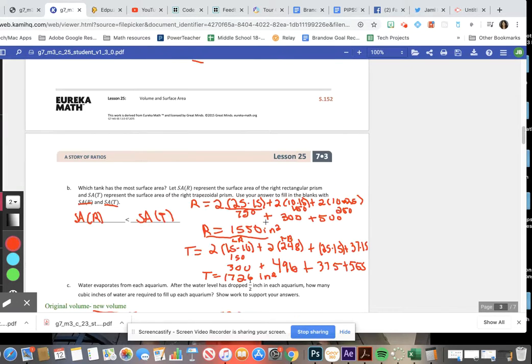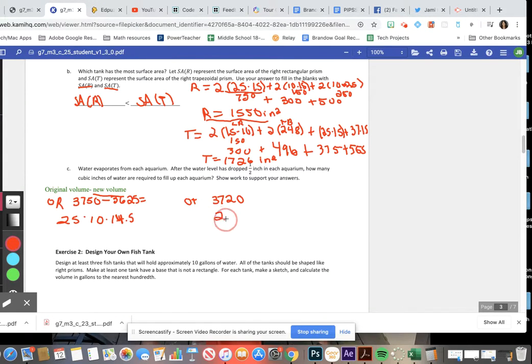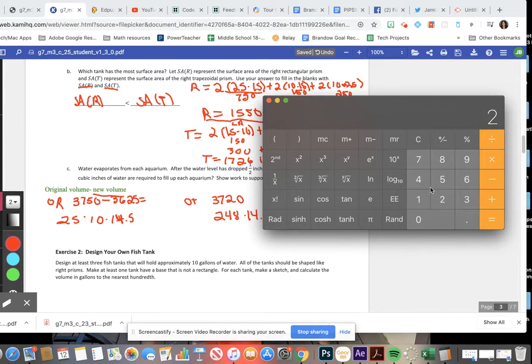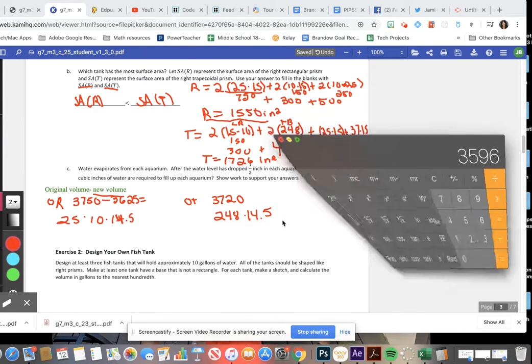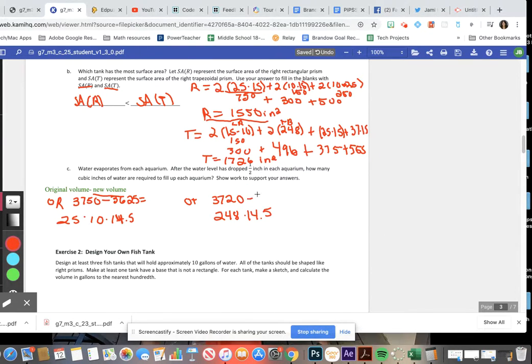So 248 was the area of the trapezoid times 14.5. That's 3,596. So I'm going to subtract that, 3,596.